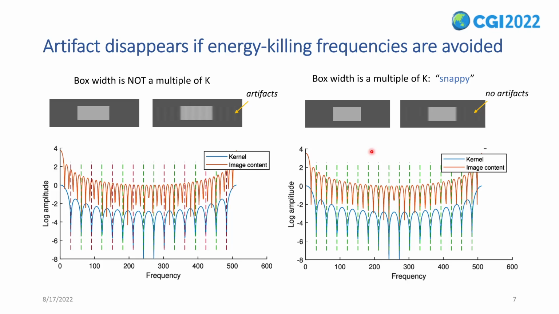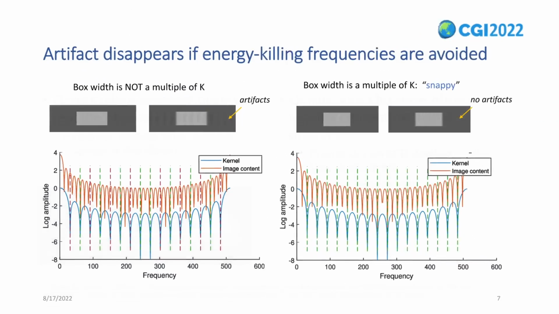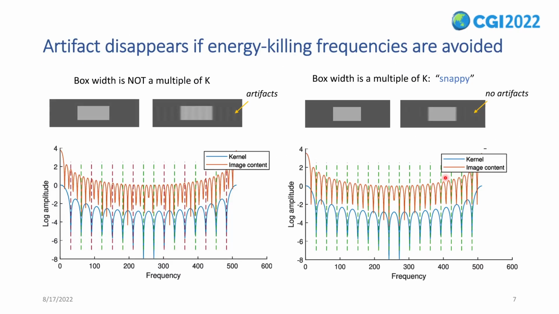And when we look into the frequency domain again, we can see that the zero point of the image content is also the zero point of the kernel. So there is no energy lost by convolving with the kernel. We give a name to images with such property, called snappy, since the width of these content snaps to an integral multiple of some kernel size.